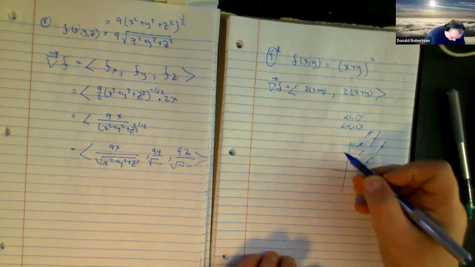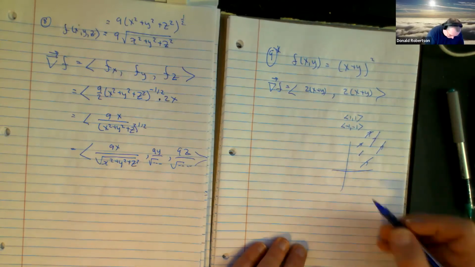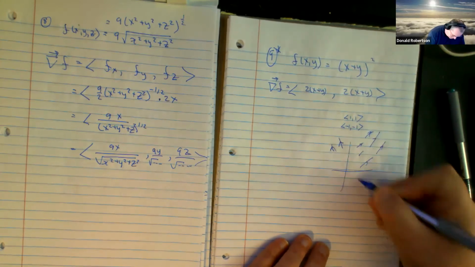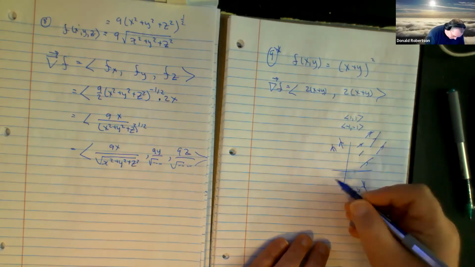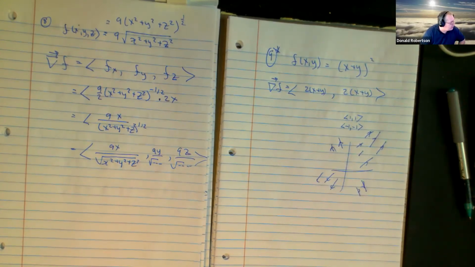And what about the guys that are here? That's -1, -1, and so on. Well, they all go that way. These guys go this way. I'm pretty sure these guys go this way, and these guys go that way. And according to the ones I'm looking at at least, looks like that's the 4th picture.